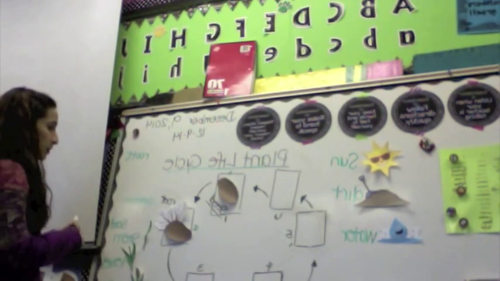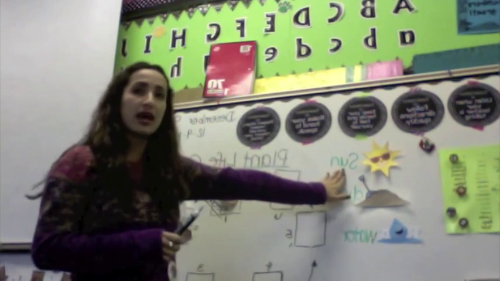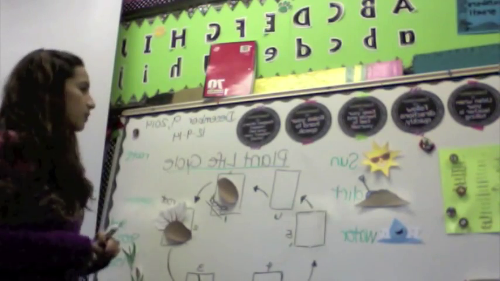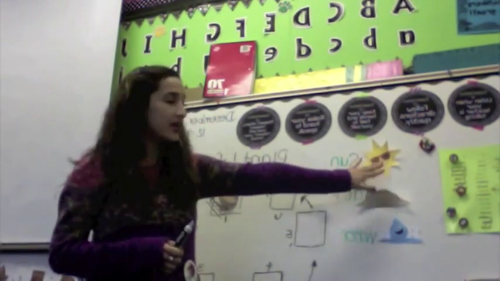So after step number 2, we're going to continue to add more sun and more water and more love, and then those roots and that seed are going to turn into a stem. And then we're going to continue to add more sun and more water, and that stem is going to grow beautiful leaves.